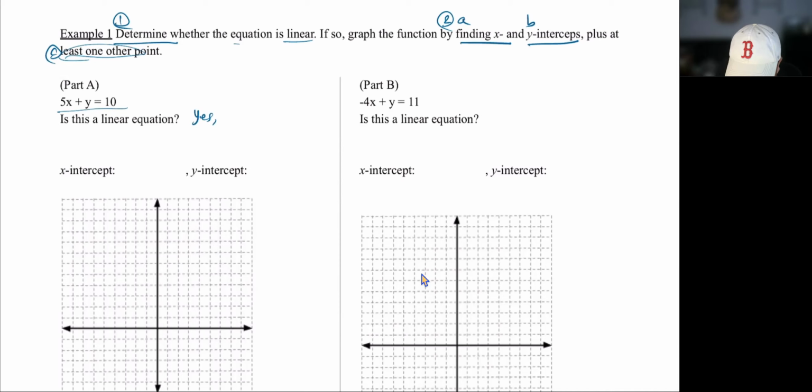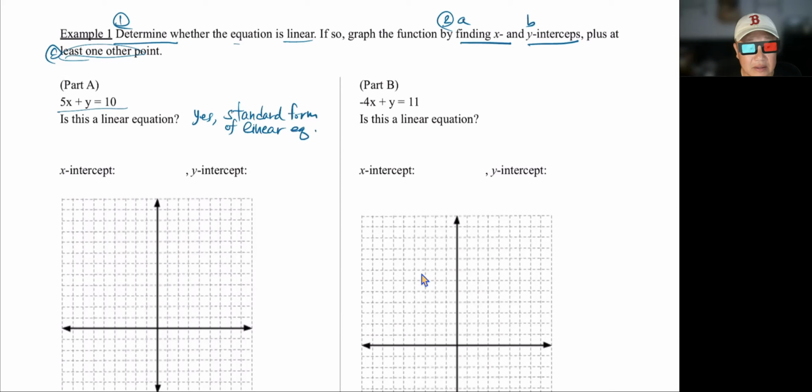So we could say that this is a standard form of a linear equation. How do we find the x and y intercepts? The x-intercept is the value of x such that the graph intersects the x-axis.